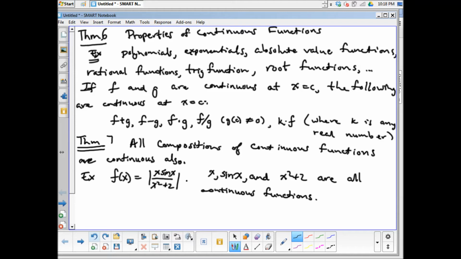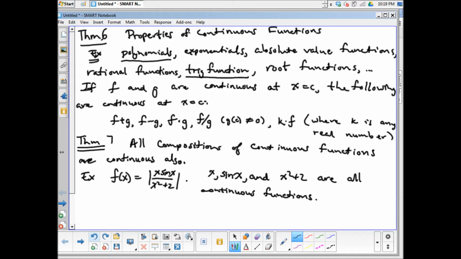Functions independently. How do I know that? Well, if you look up above, we said earlier this very thing. We said right here that all polynomials, so x is a polynomial, all trig functions, and all polynomials, x squared plus 2 is a polynomial, are continuous functions.